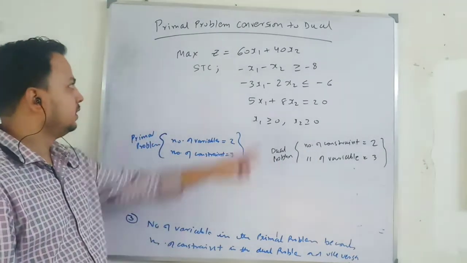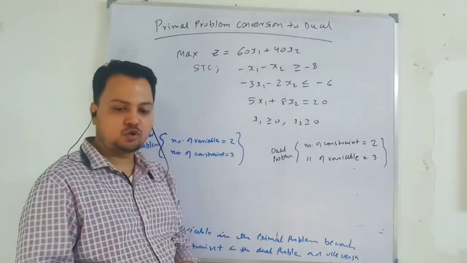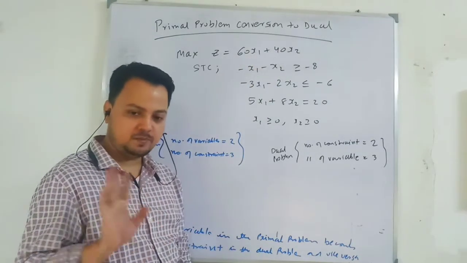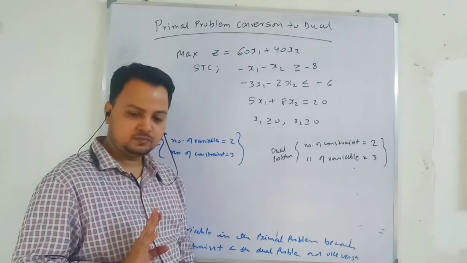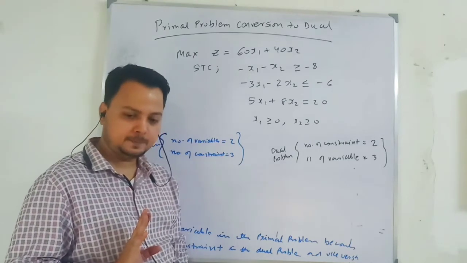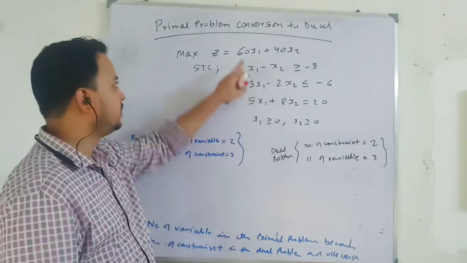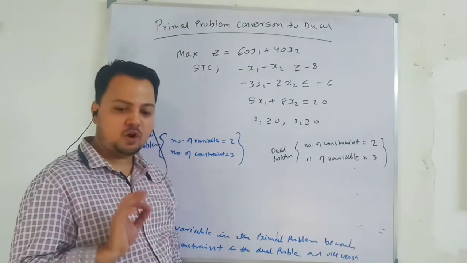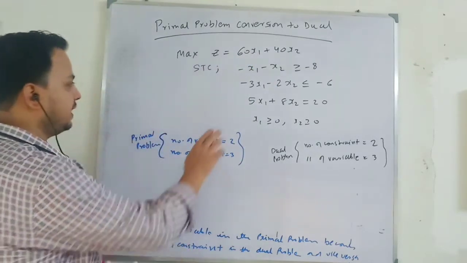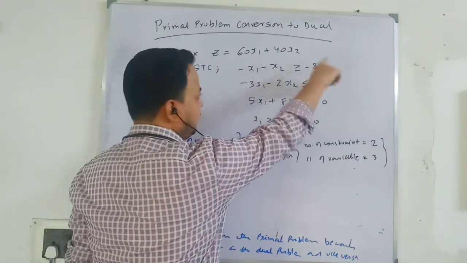This 60 and 40 is what? Cost coefficient, right? We have done many problems. Yes or no? Okay. So this cost coefficient of the objective function becomes the right hand side of the constraints, like we have here.